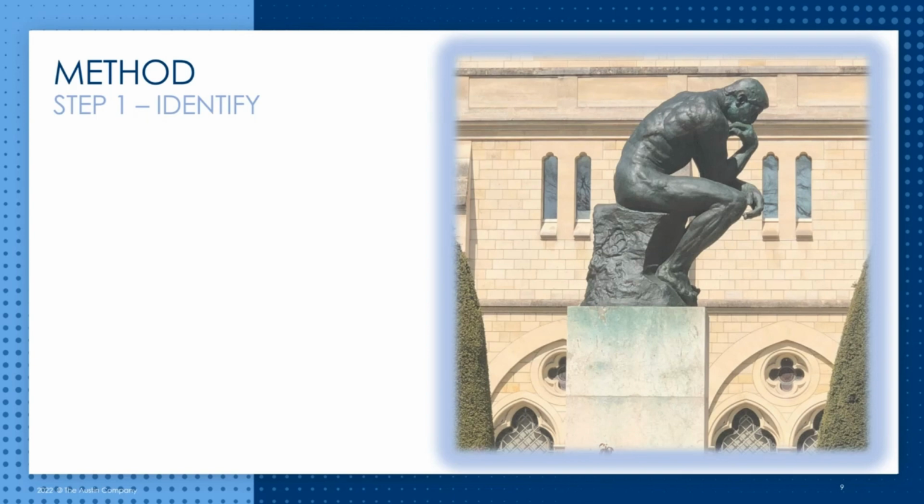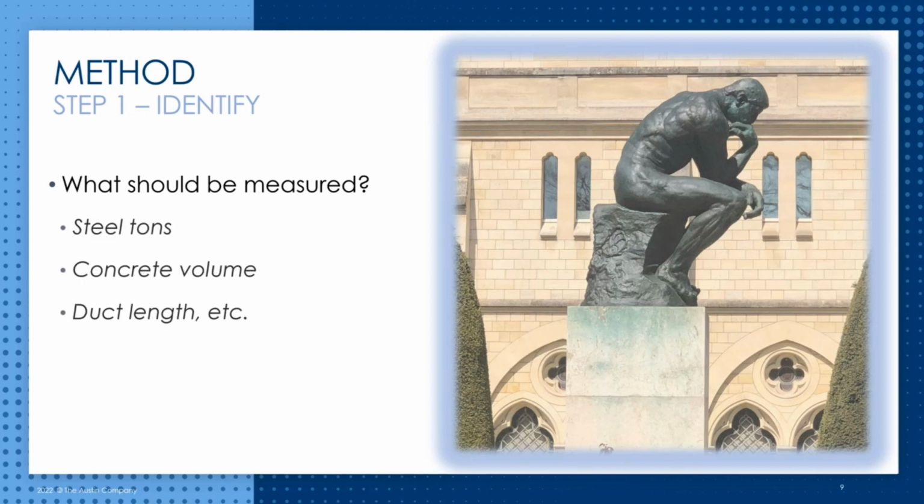For the first step, the principal question is, what should be measured? What information in the virtual BIM file do we wish to quantify? For a structural engineer, for example, the wish list will include steel tons and concrete volumes in yards. For a mechanical engineer, the focus will be on duct and pipe linear feet, among others.